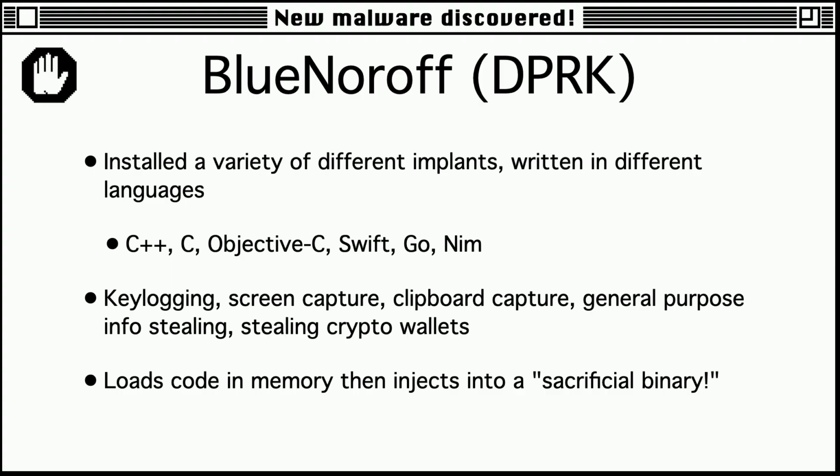And it was really just an empty binary. It didn't do anything. But they loaded some code down in memory, shoved that code into this so-called sacrificial binary so that it never touched the disk, and then executed it there. So this was a very sophisticated attack, and just a really fascinating story.